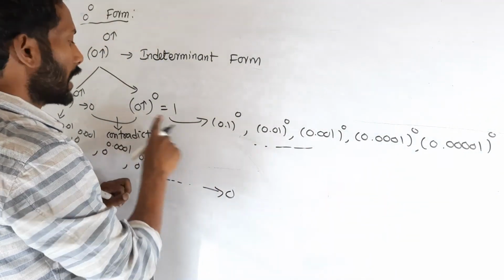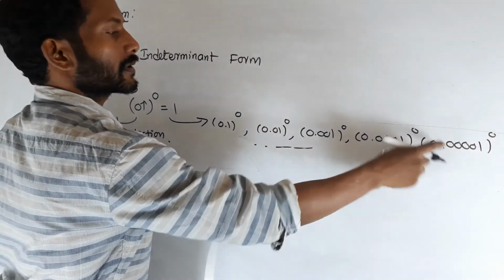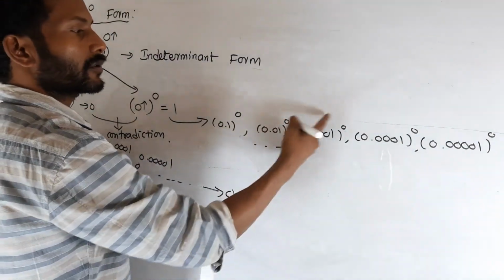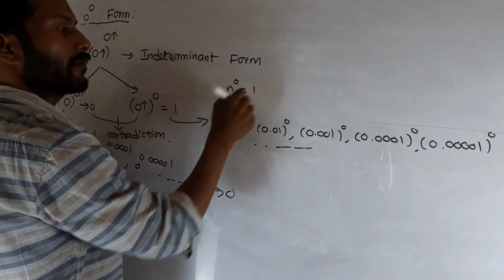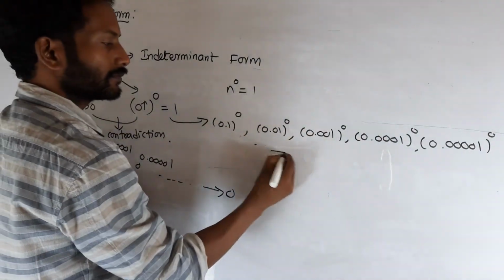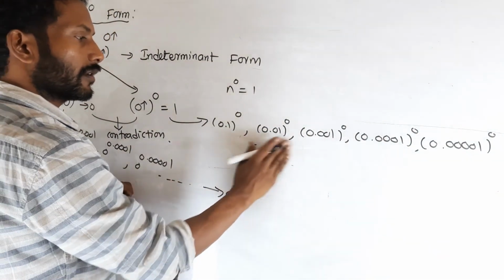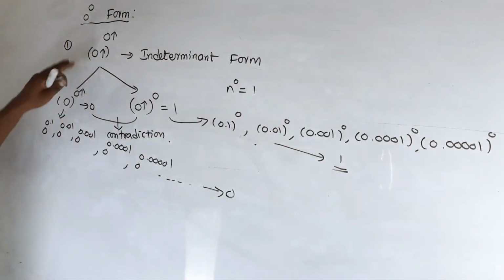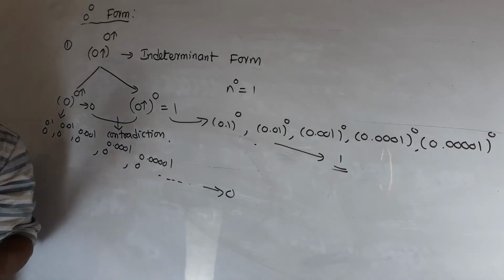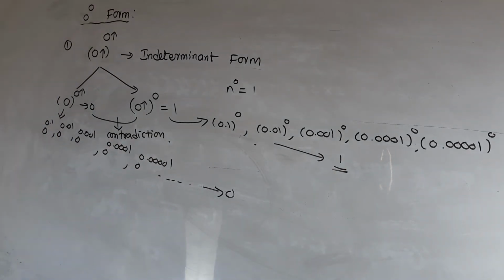Here base approaches 0, power is always 0. Any number power 0 is always 1. So all are approaching 1. 1 is the answer. So it is indeterminate form. It is a contradiction. I hope you are understanding.